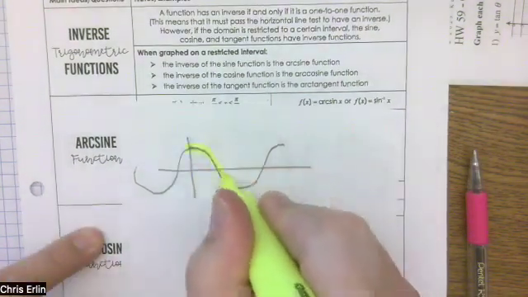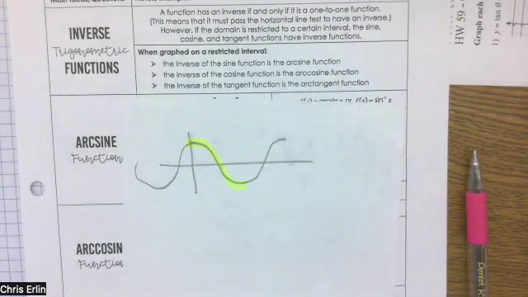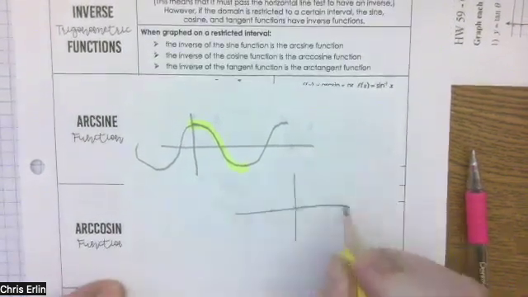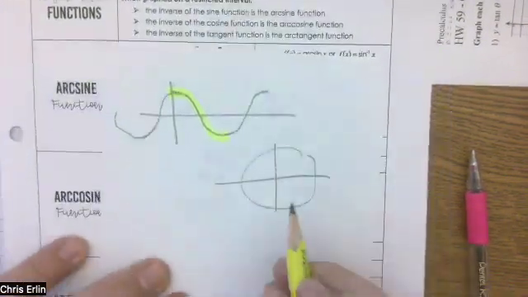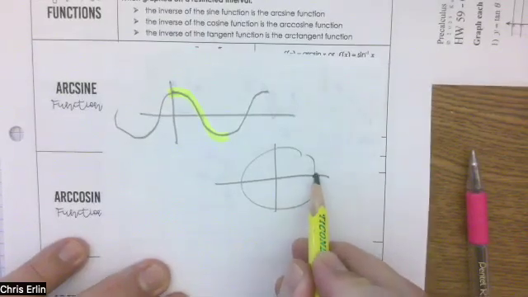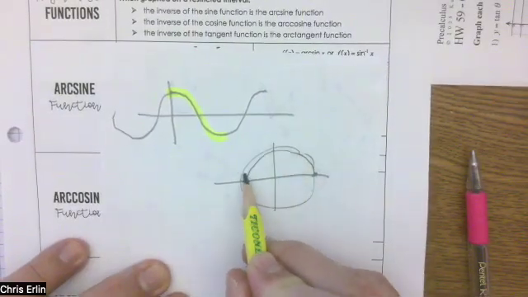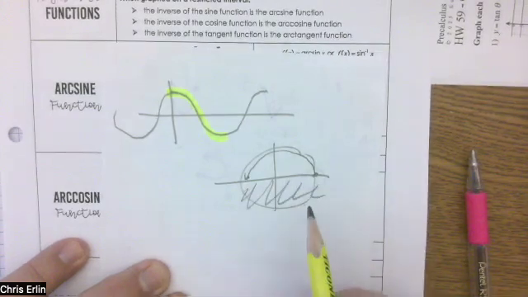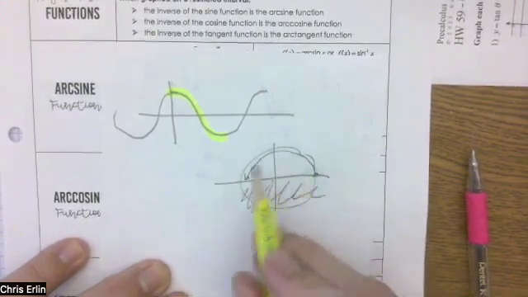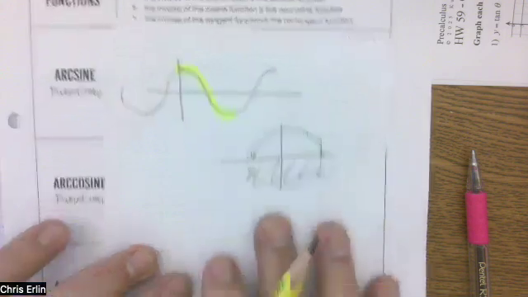This one's easier, right? We can just use 0 to pi. And the reason that's helpful to us is when we think about our unit circle, we're talking about values from 0 to pi. We're not going to use these values. And those look really familiar to us. So that's going to work great.